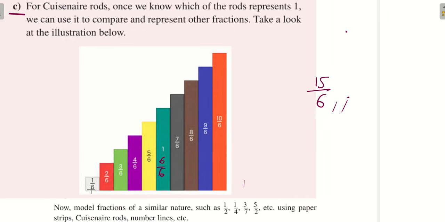This time, you can model another using 1 out of 2 as your base. It means that you will keep adding 1 out of 2 to get 2 out of 2, which will be 1. Then you get 3 out of 2, 4 out of 2, and so on. You can start with 1 out of 4, 3 out of 7, 5 out of 2. Then you move on, increasing the height in that respect.